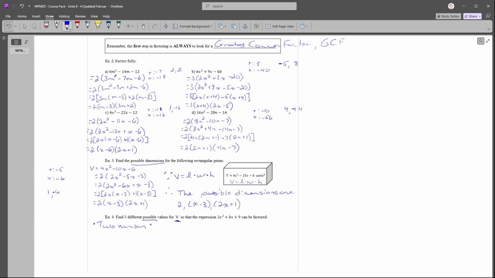There we go. 2 numbers, slow down, that multiply to 2 times 9, which is 18. 2 numbers that multiply to 18. Okay, and we happen to know that if we find those 2 numbers, the sum of those 2 numbers will be b. So b is the sum of the 2 numbers.